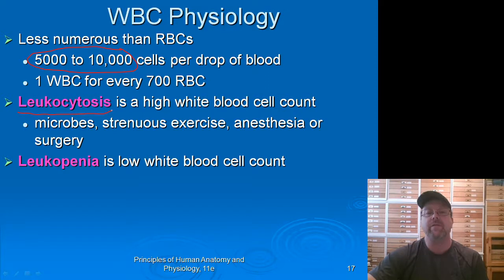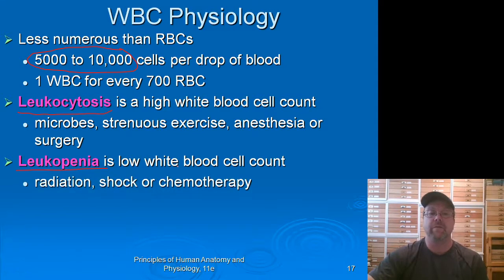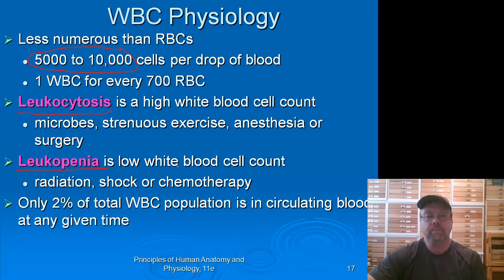So if you have an infection, you may boost up that number of white blood cells. If you don't have enough, that's called leukopenia. And many different things can cause that, from radiation exposure to different leukemias and that kind of thing.